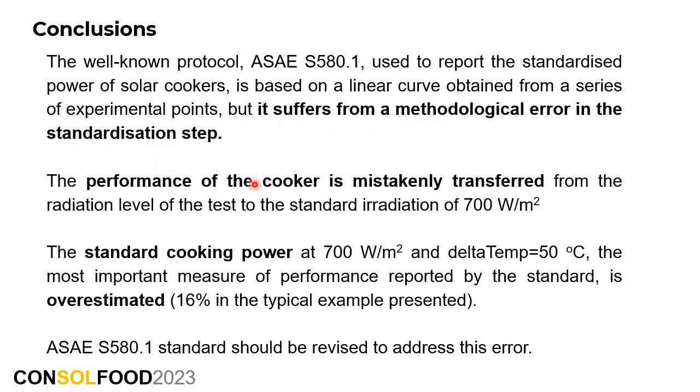The performance of the cooker is mistakenly transferred from the radiation level of the test to the standard irradiation of 700 watts per square meter. The standard cooking power at 700 watts per square meter and delta temperature of 50 degrees, which is the most important measure of performance reported by the standard, is overestimated.